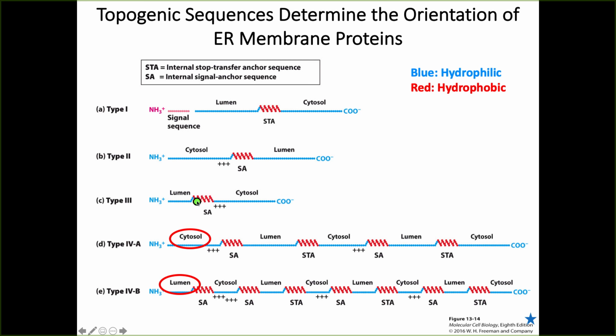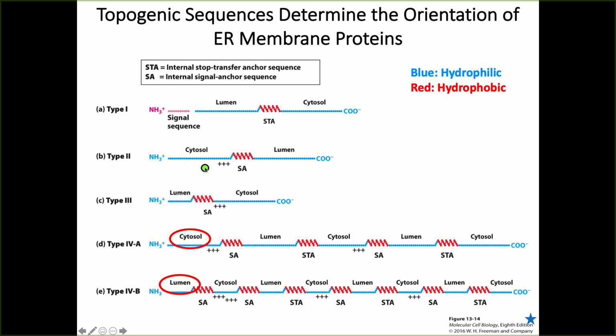And at the time when this is being inserted into the translocon, this amino terminal is directed towards the lumen. Whereas once it diffuses out into the membrane, these plus sequences after the signal anchor sequence will remain on the cytosolic side. So see how these two differences are made here.